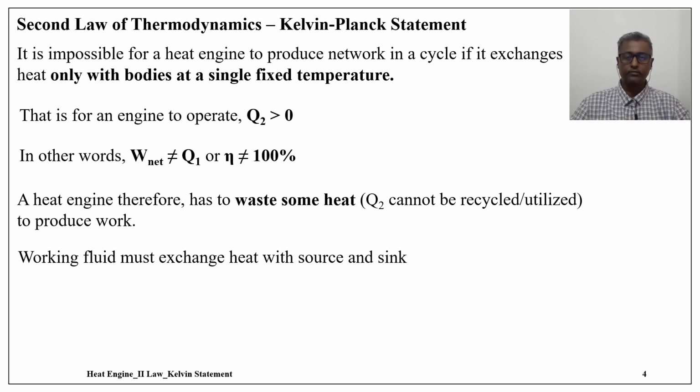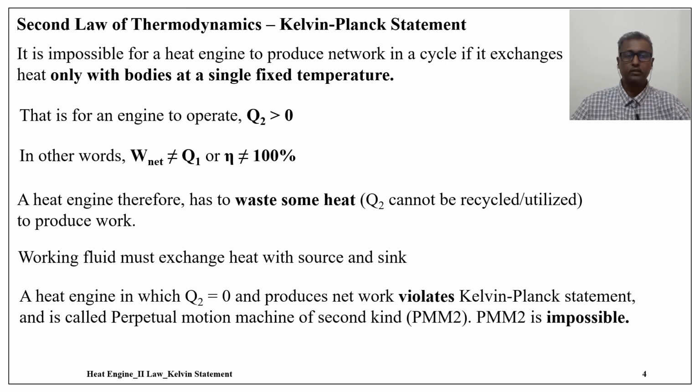Our discussion leads to a definition called the perpetual motion machine of kind 2. What is that? A heat engine in which Q2 equals 0 and which produces net work violates the Kelvin-Planck statement.